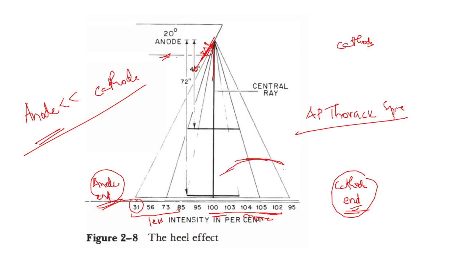Thicker body parts are placed towards the cathode end, whereas thinner body parts are placed towards the anode end. By this way, thicker body parts get more intensity, whereas thinner body parts, which require less intensity, get less intensity. As a result, the Heel effect becomes less noticeable.